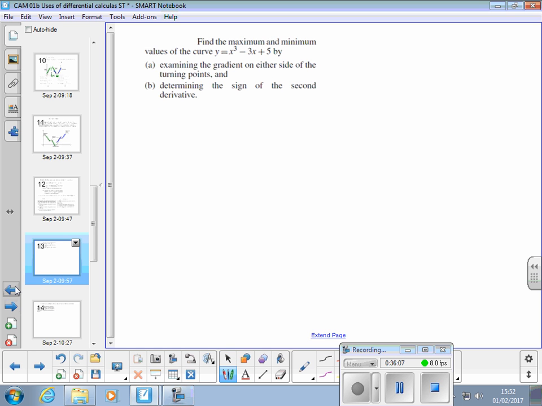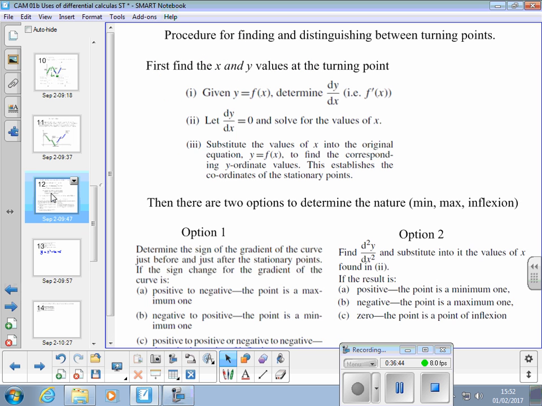We've got a function here, y is equal to x cubed minus 3x plus 5. Looking back at the previous slide, the first thing is to find dy by dx.